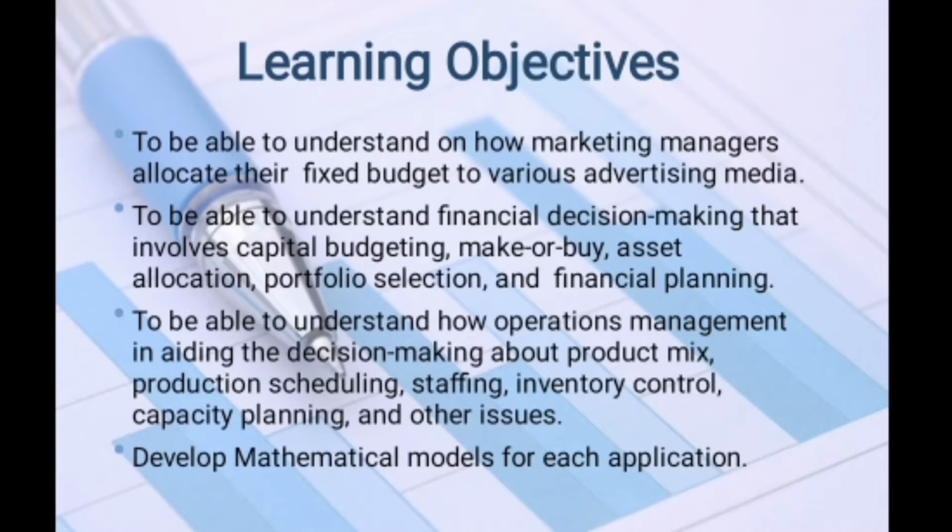Second, to understand financial decision-making that involves capital budgeting, make or buy, asset allocation, portfolio selection, and financial planning. Third, to understand how operations management aids decision-making about product mix, production scheduling, staffing, inventory control, capacity planning, and other issues. And lastly, to develop mathematical models for each application.